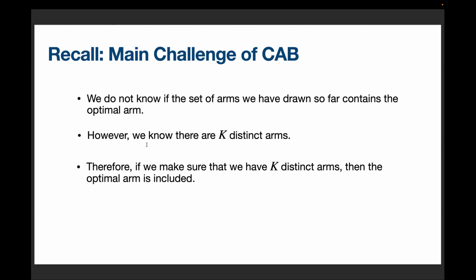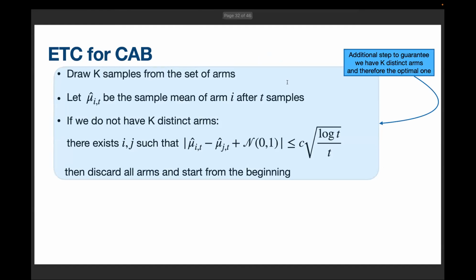So how can we formalize this idea? There will be another exploration phase on top of the explore-then-commit algorithm. Here is the exploration phase that we need. We draw k samples from the set of arms, and form the sample mean of each one of the arms.